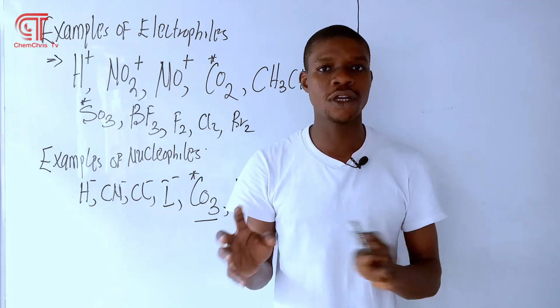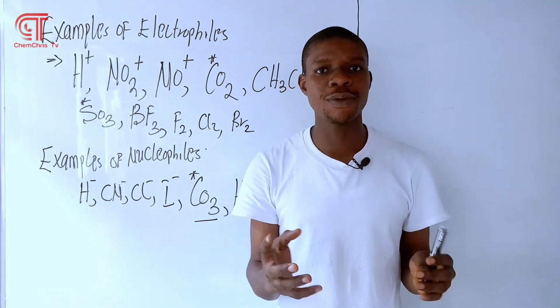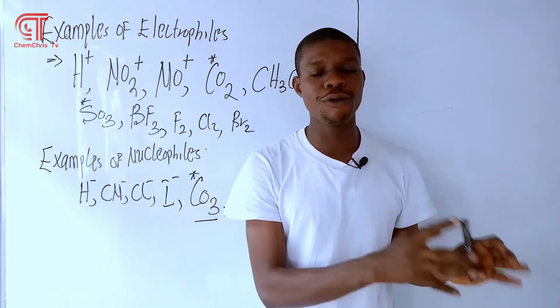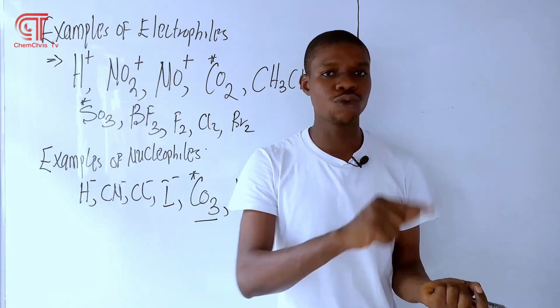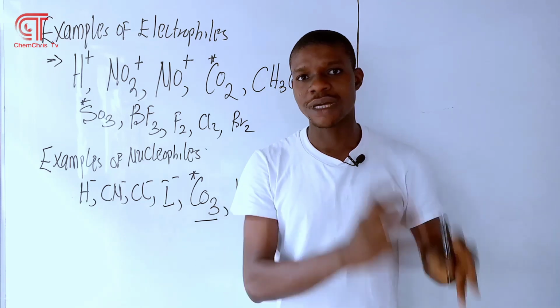So in summary, in an addition reaction, there will be an electrophile and a nucleophile. Electrons move from the electron-rich species, which is the nucleophile, to the electron-deficient species, which is the electrophile, before a reaction can occur.